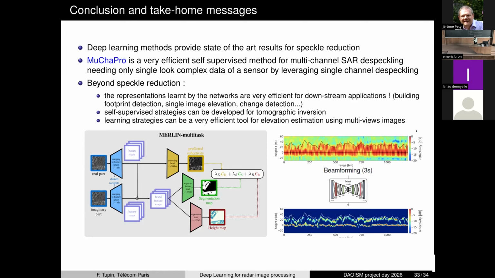So for instance, if you want to classify images, compute the movement of some parts of the image, or compute the elevation, all these higher-level tasks will be much easier if you combine them with a despeckling task, because the despeckling task, in a way, structures the latent space, which will help you then compute elevation, building detection or classification. And of course, you can adapt this kind of framework to tomography or to different, more complex tasks that you may have in radar imaging.